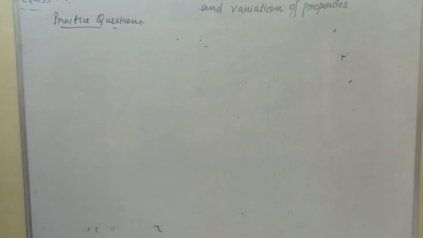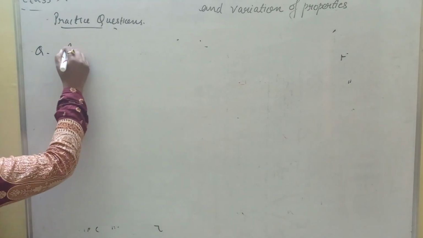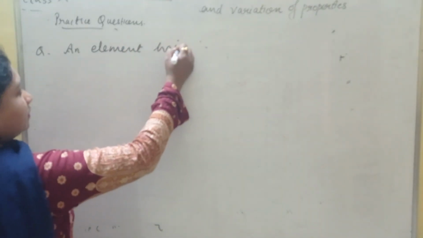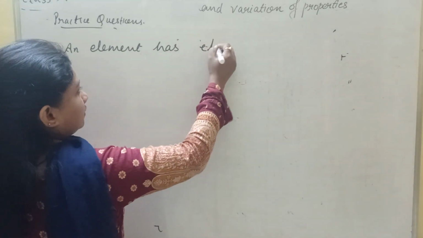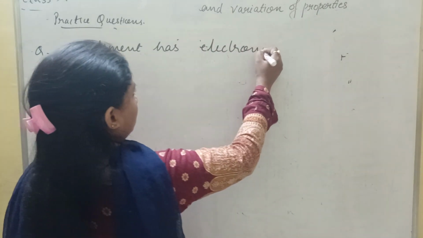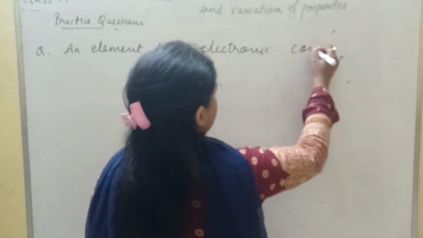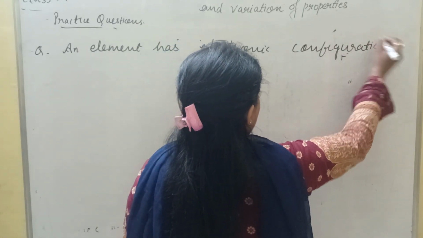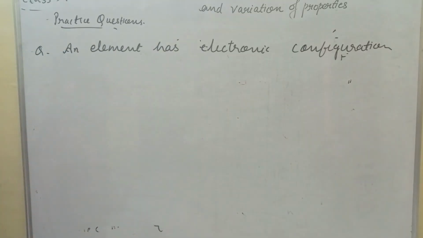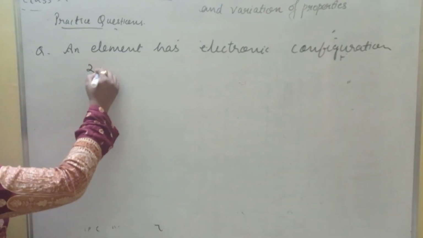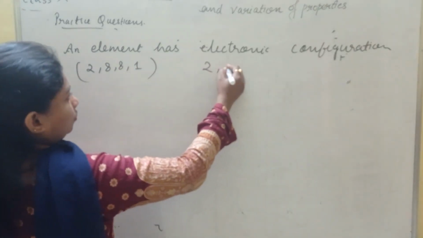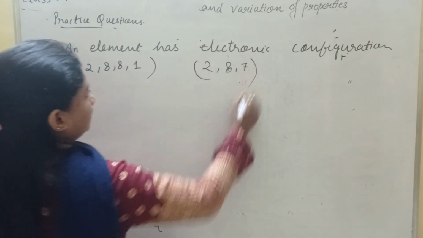Next question is, an element has electronic configuration 2, 8, 1 and 2, 8, 7.